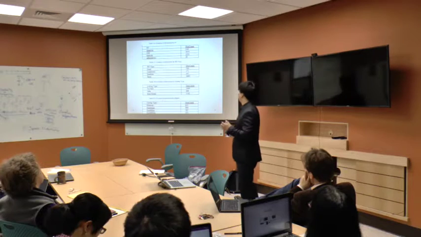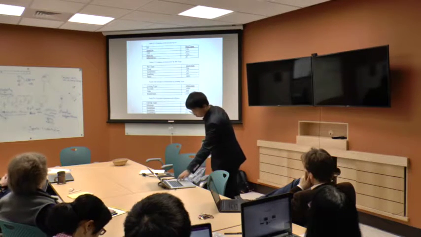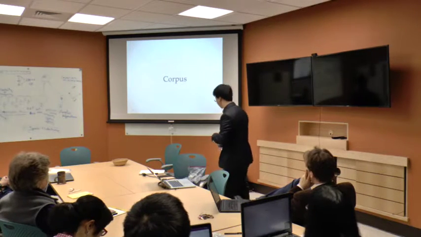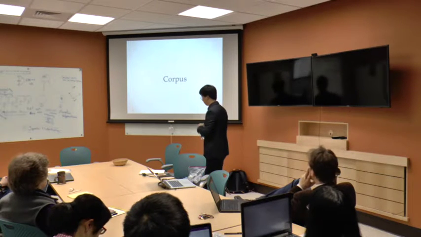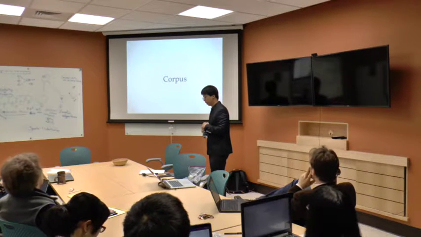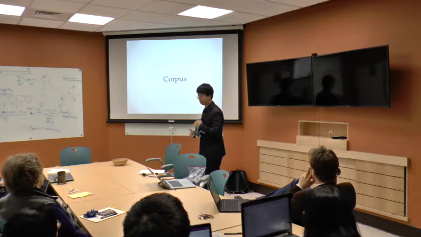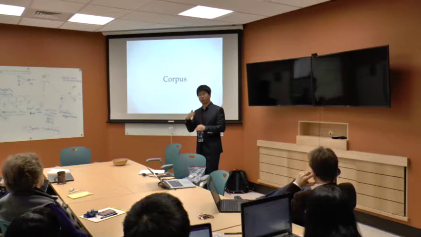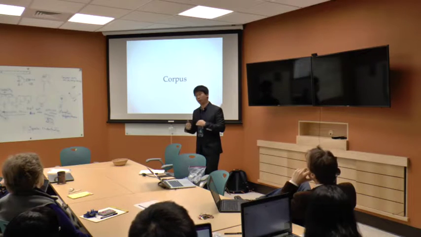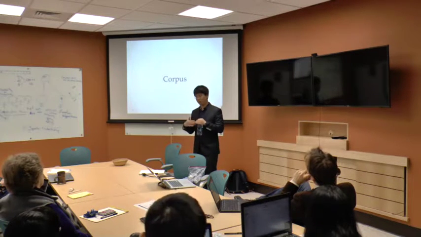So let's take a look at the output. Oh, by the way, the corpus was generated over a relatively long period of time because we had iterations on the scraping method.